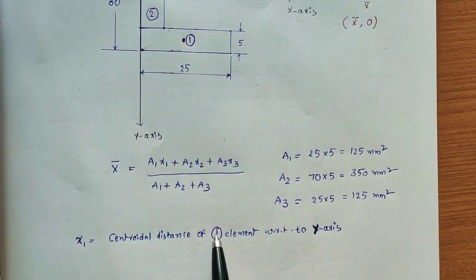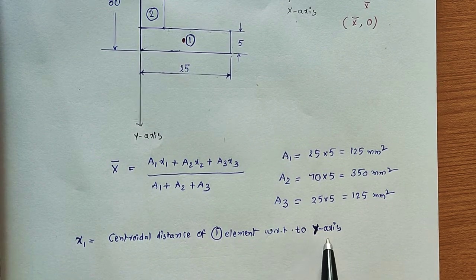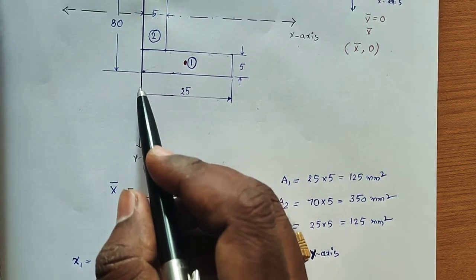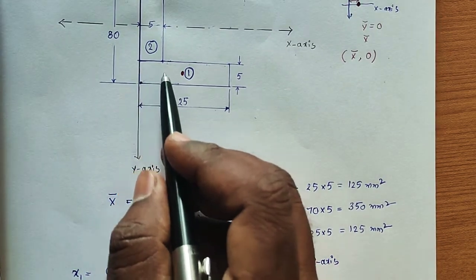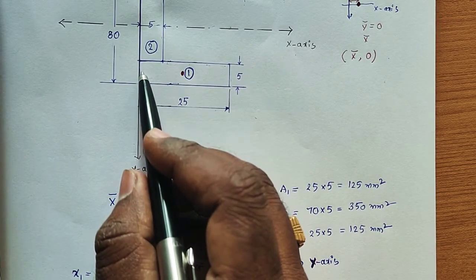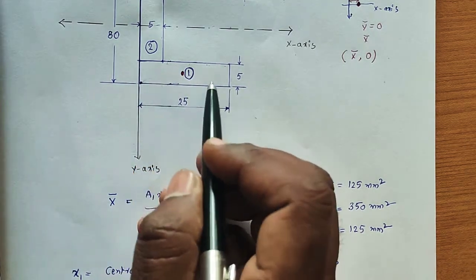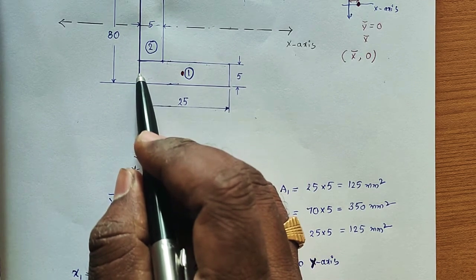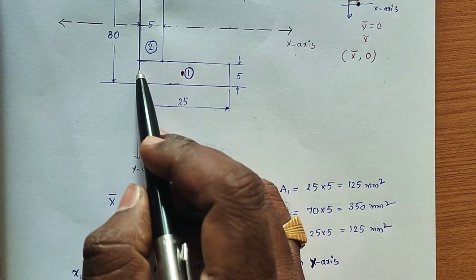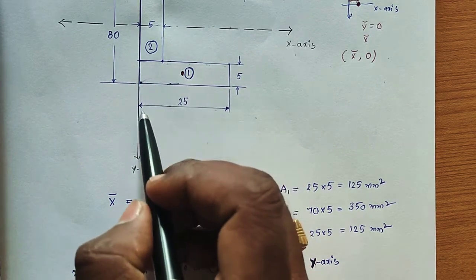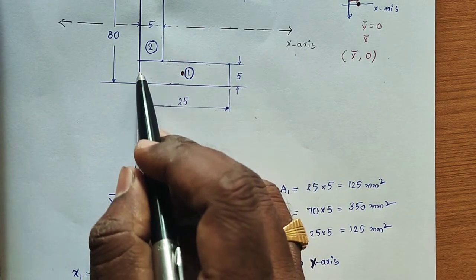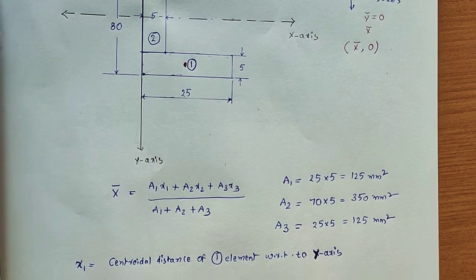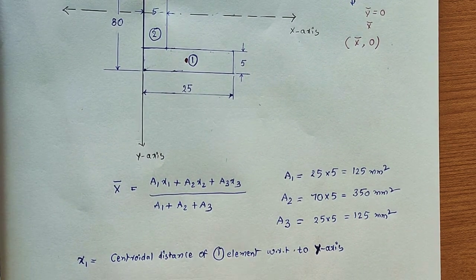So the centroid distance of the first element with respect to the y-axis. From the y-axis we have to measure the centroidal distance of the first element. This one is the first rectangular element, the centroid is at the center. If you measure with respect to the y-axis, from here to here the total length is 25. From here to here it is 25 by 2.